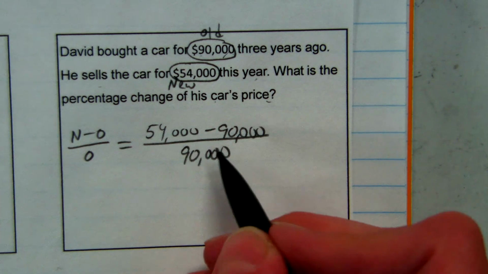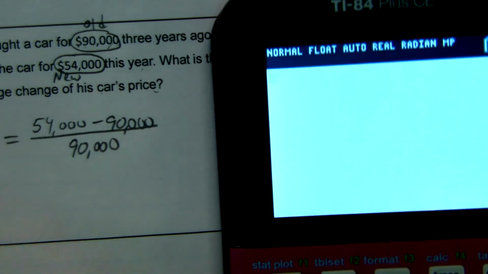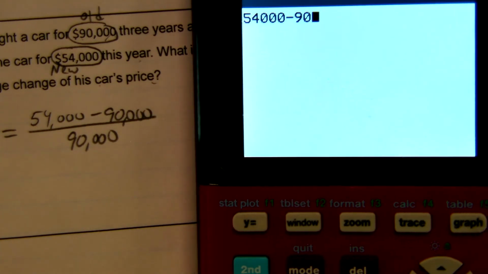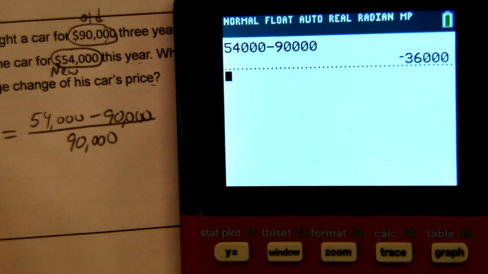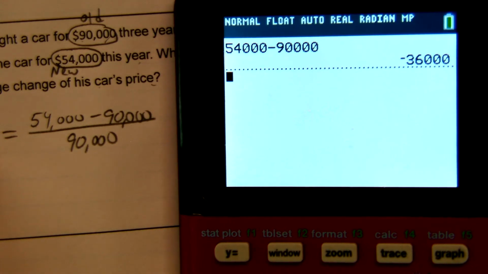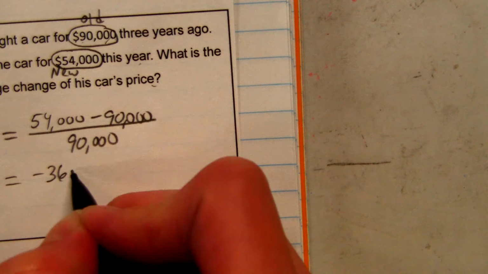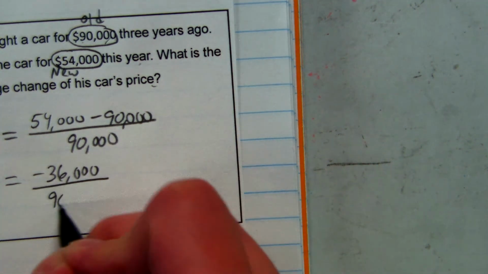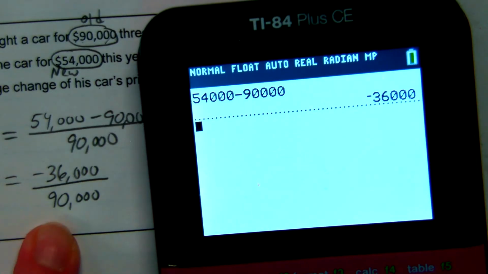When I take my calculator and do just the top part, 54,000 minus 90,000, I get a negative, and that's because the price of his Hummer or whatever it was went down, and that's okay. So I'm just going to rewrite that. It's negative 36,000 is how much it went down, and it's like they're doing a comparison to what the original price was. So you take that number and divide by 90,000.